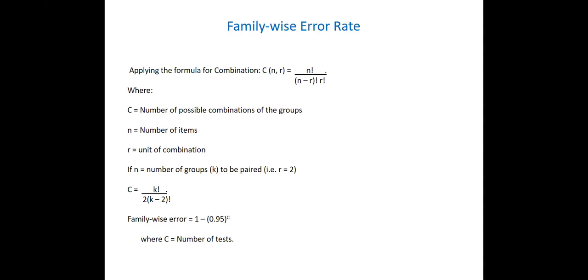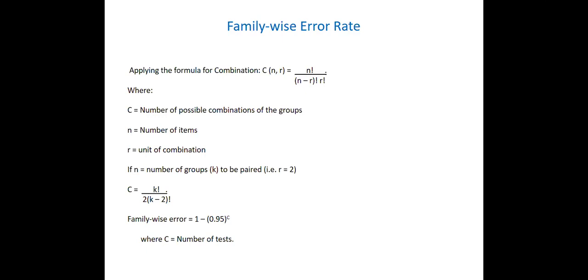Now, if you have set that 0.05, imagine you have 3 groups now and you want to compare the means. If you have 2 groups, how many ways can you combine them? It's only one way. Group A, Group B, you pair them just one way. But if you have 3 groups, A, B, C, how many ways can you pair them?